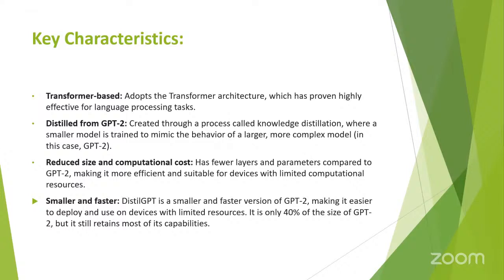The second thing is that DistilGPT-2 is smaller as well as faster. It is a smaller and faster version of GPT-2, making it easier to deploy and use on devices with limited resources, like our mobile phones, where we have small data.